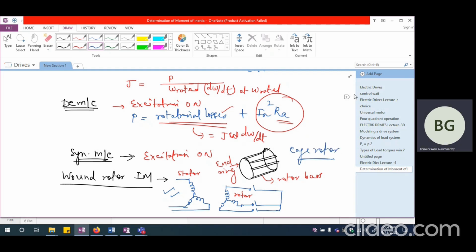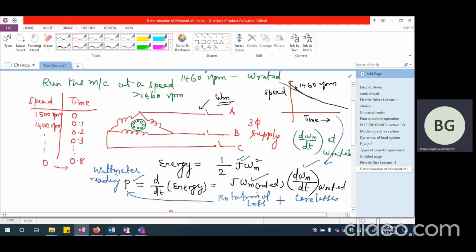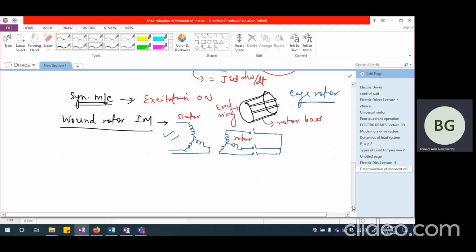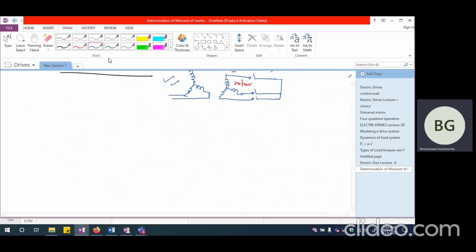So approximately what you get as the moment of inertia J will be the power wattmeter reading divided by omega m divided by d omega by dt, which you obtain from the retardation test. There is another way through which you should be able to calculate the moment of inertia.